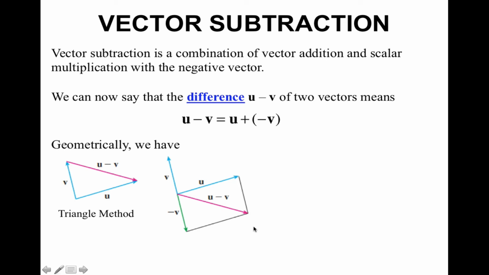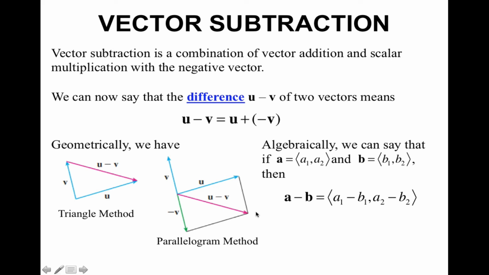Now, if I was looking at the parallelogram method, we would have u and v coming off of the same point, and we would copy u and copy v so that they are parallel to themselves. But this time, since we want negative v, we're going in the opposite direction.